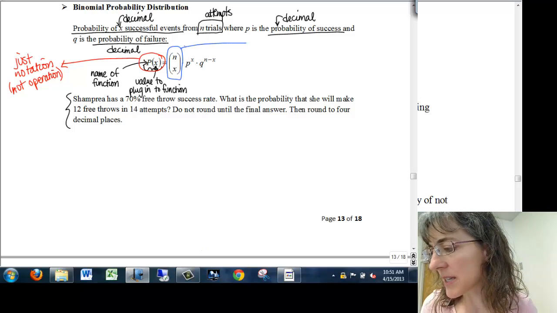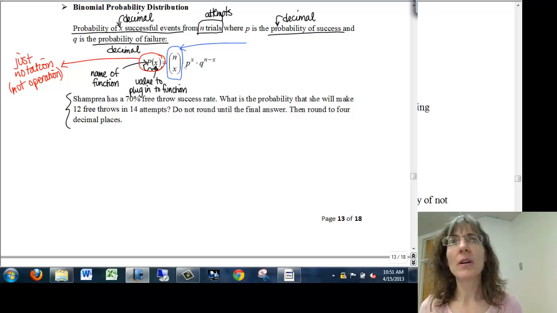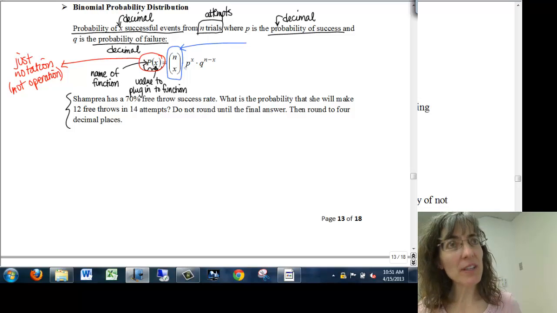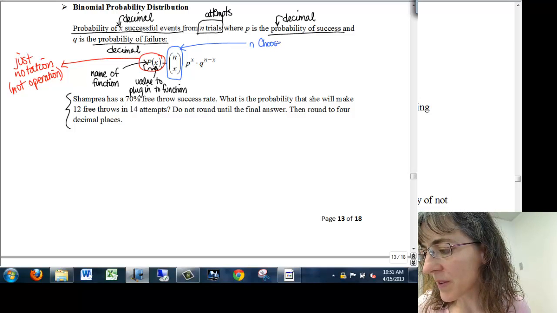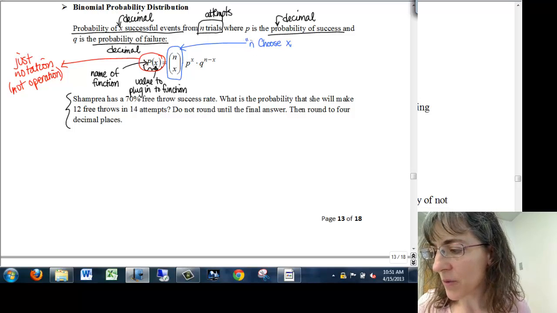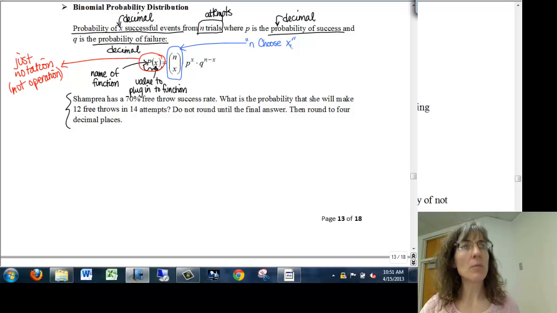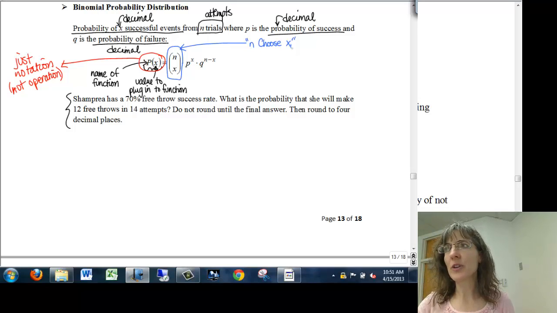This thing here, has anyone seen that before? It definitely is. How do you say it? Do you remember? N choose X. N choose X. And here we have little n, but it's the exact same thing. N choose X. And that is definitely from combinations that we did before. Remember that? How you do it on your calculator?